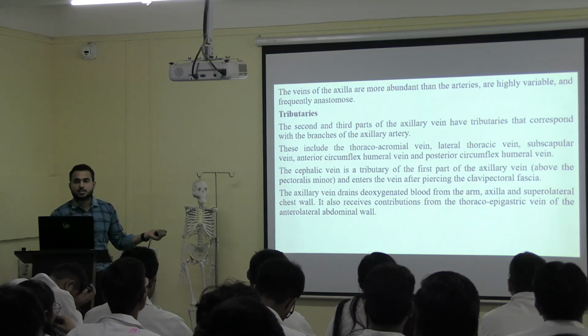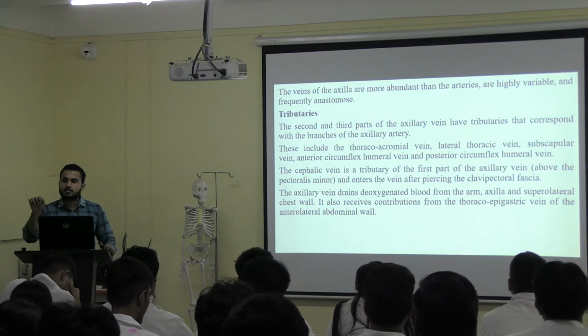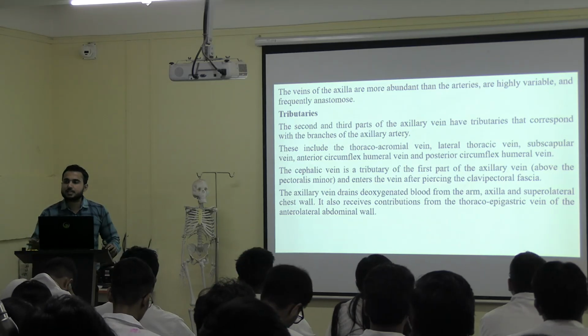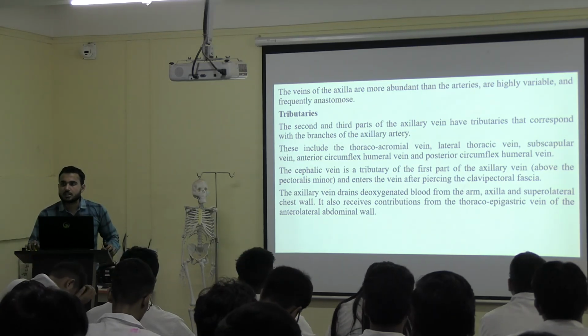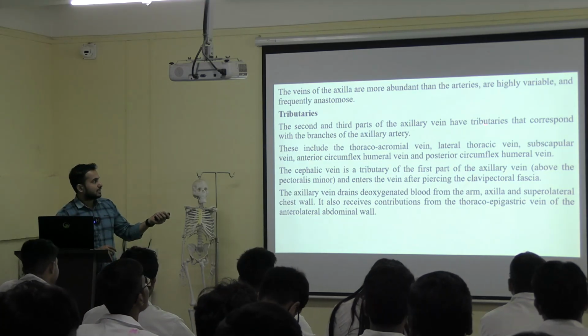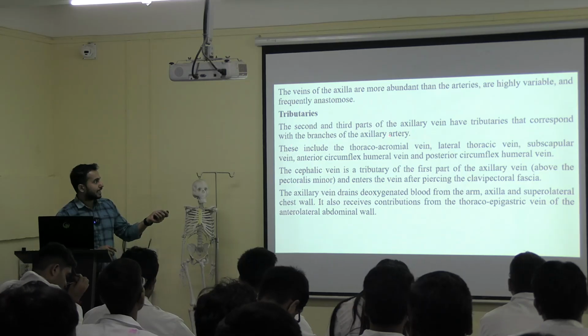Next are the tributaries. So in case of arteries, I have shown you the branches which are coming out, but here in case of veins, always keep in mind, tributaries are there. Now the second and third parts of the axillary vein have tributaries that correspond to the axillary artery.